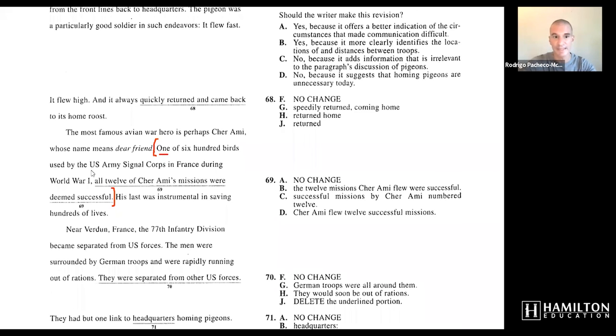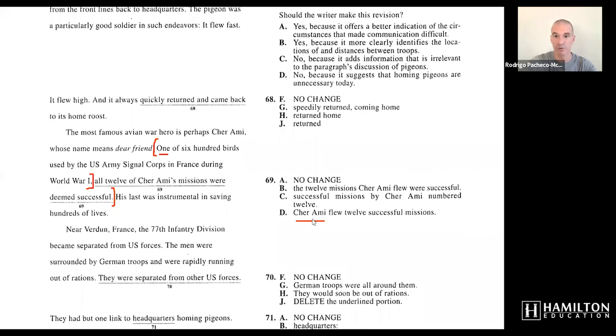So this is the modifier. This whole thing works as a modifier. And the rule is that this needs to modify the subject of the clause that follows. So what is this referring to? One of 600 birds used by the U.S. Army. We are talking about, of course, Cher Ami, a particular pigeon.